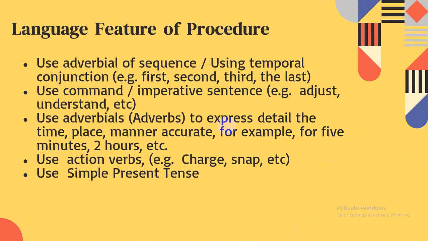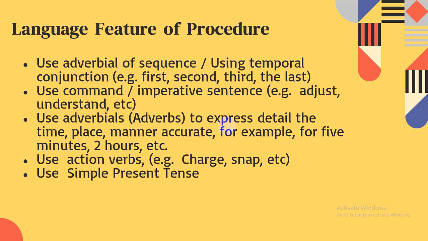And then the language features of the procedure text. Number one is use adverbials of sequence using temporal conjunctions. Adverbials of sequence mean chronological order, for example, first, second, third, fourth, finally, or the last. Use command or imperative sentences.